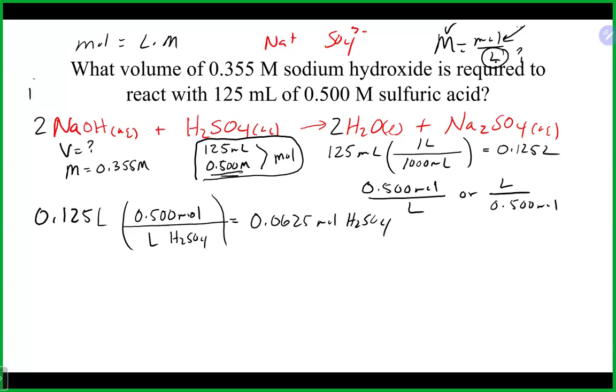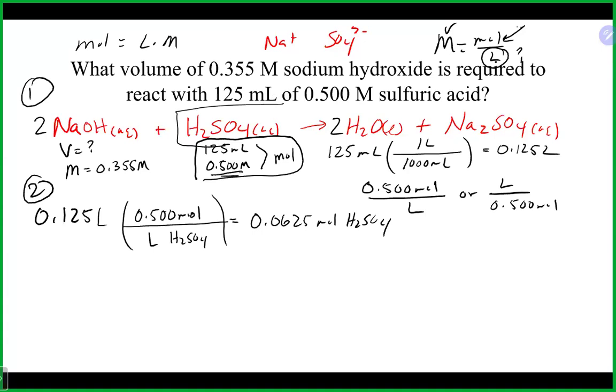This is essentially the first step in our stoichiometry calculation. This is the second step here, which is converting to moles. This is not a limiting reagent problem because we cannot get moles of each reactant, so it's just a regular stoichiometry problem. So at this point, we're ready to do our third step, which is our mole-to-mole relationship.